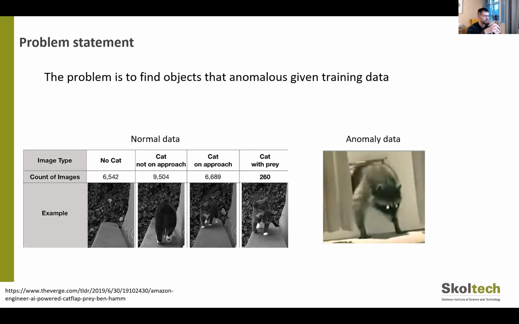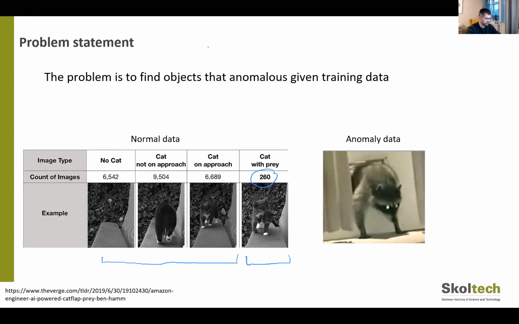Even from this slide, you can see that the problem statement for anomaly detection is quite vague, because we can say that the first two types of figures are normal data, and when a cat has a bird in his teeth, it's some kind of anomaly, because we have a very small number of images with prey compared to the regular walking in and out cat.